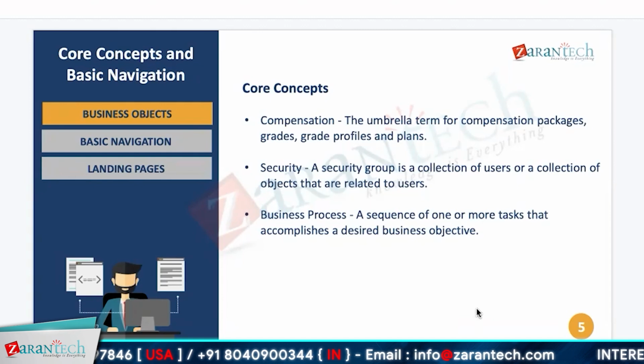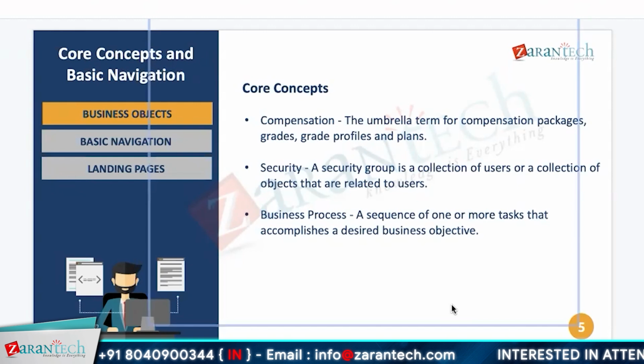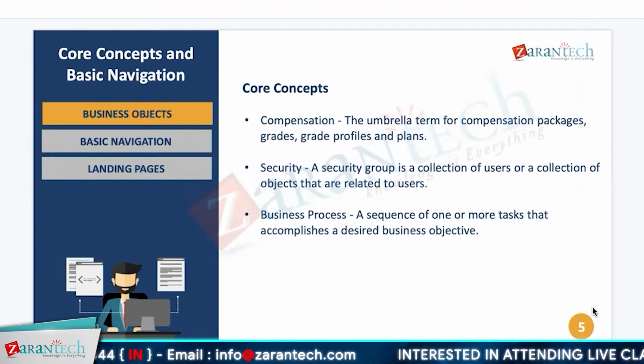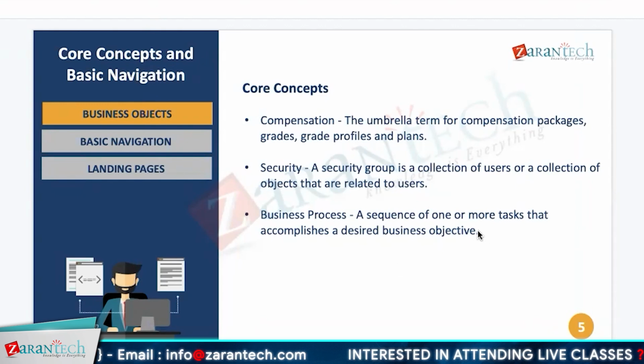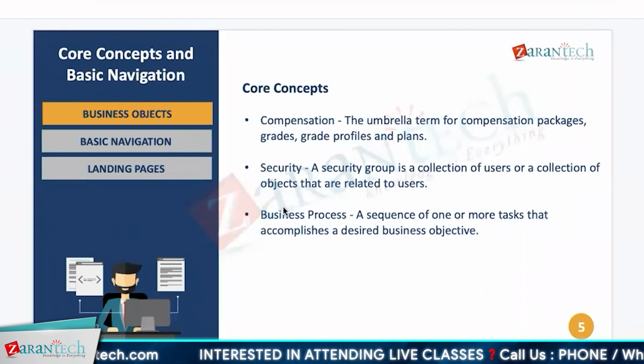Termination can be an example of a business process. Onboarding can be an example of a business process, and maybe transfer can be another business process. These are the different business processes.